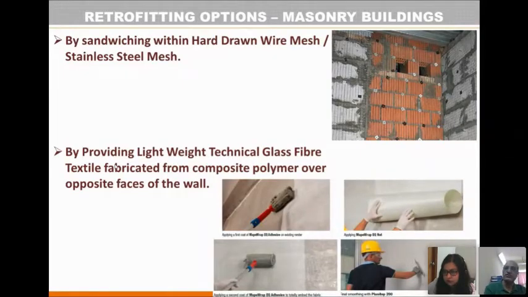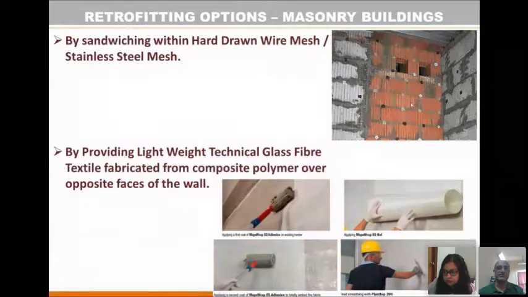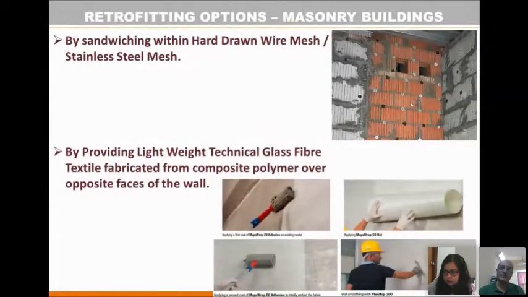Instead, you should use staples, which are double-ended, and whenever you are using staples, you should provide them in a staggered fashion, not the way it is shown in this particular photograph, and a staple density of minimum 9 staples per square meter should be ensured, so that a good connection between the additional reinforcement and the existing wall is achieved.